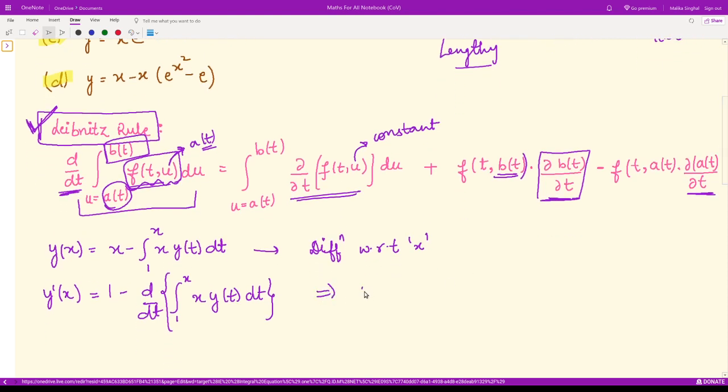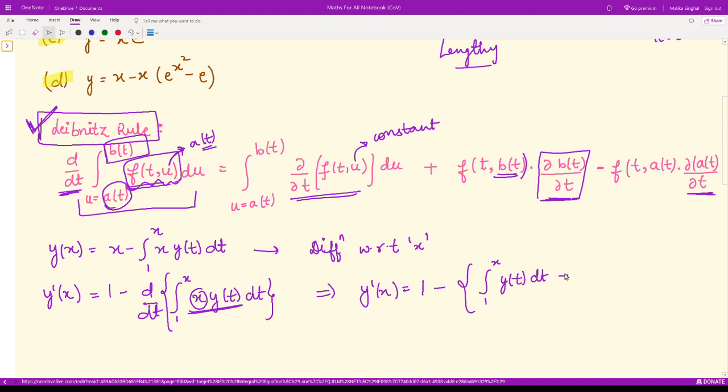So we'll obtain y dash x, that would be equal to 1 minus, here we'll take the brackets, this term would be the integration from 1 to x, then the partial derivative of this term with respect to x, that would give me y of t dt, because here we take the partial derivative with respect to x, and the coefficient of x is y of t dt.